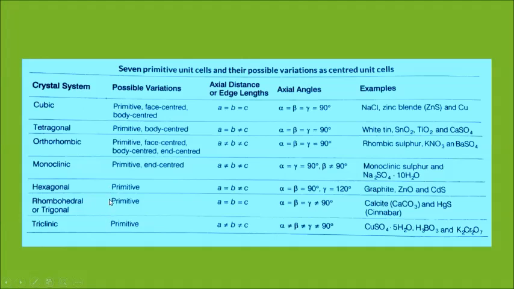The remaining 3 have only primitives. And one thing we can notice here is that all the 7 crystals have the primitive variation, that is the simple cube. So these are the possible 14 variations in the 7 primitive unit cells, and we name them Bravais lattices.